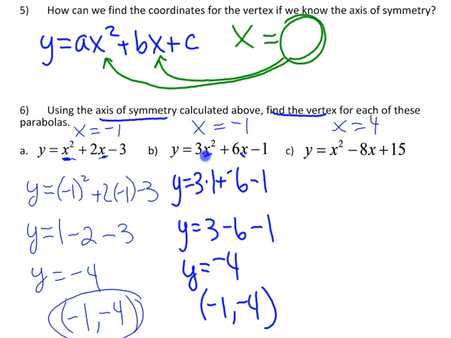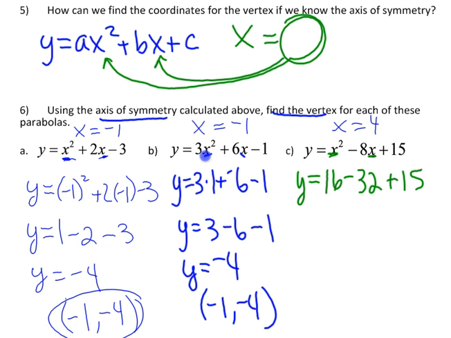The last one I know is going to be different, so let's go ahead and do that one. We're going to plug in a 4 for x here and here to find y. 4 squared is 16 minus 8 times 4 is 32 plus 15. The less of this you do on your calculator, probably the better. If the numbers get really ugly, go ahead and grab your calculator.